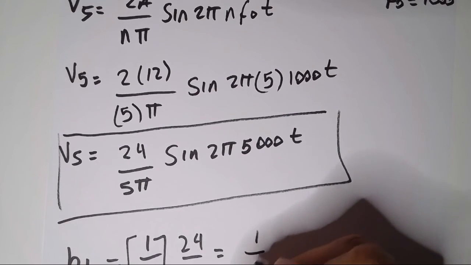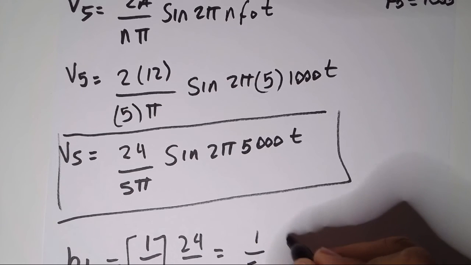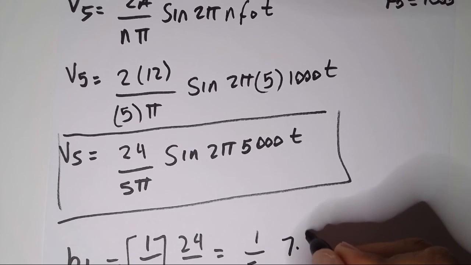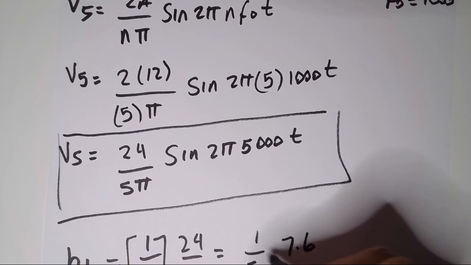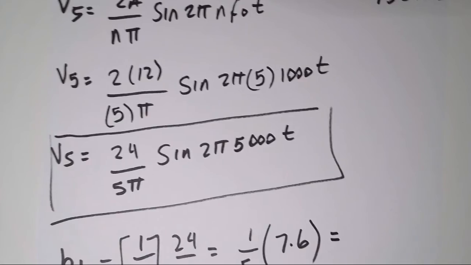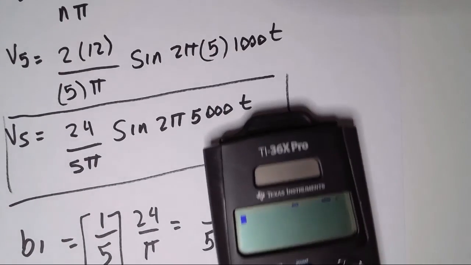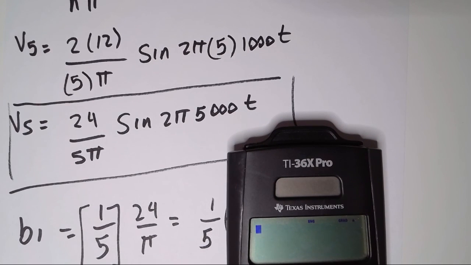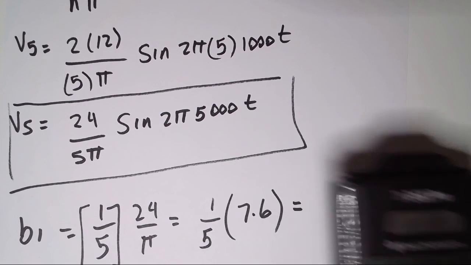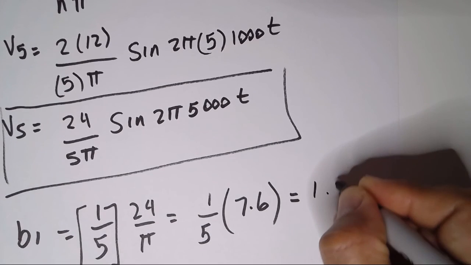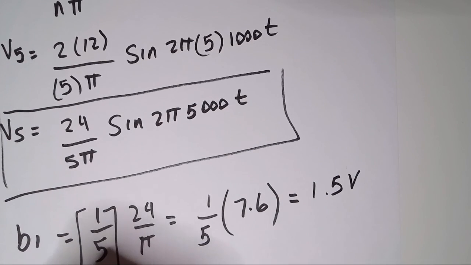So now we're going to take 1/5 of 7.6. Okay, and this will be equal to 7.6 times 1/5, and that's equal to 1.52 volts, 1.5 volts. So V5 is equal to 1.5 volts.